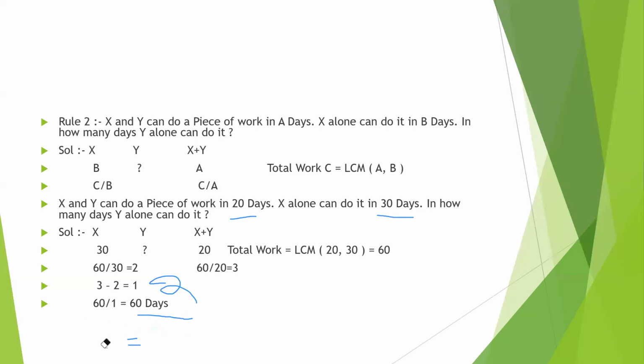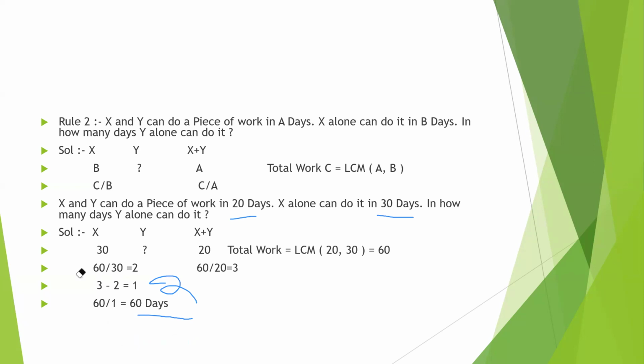This is how we find the number of days: if 2 persons' combined work is given and 1 person can do the whole work in a number of days, then we can find in how many days the other person can do the whole work.